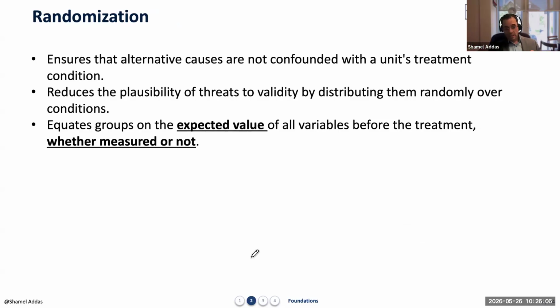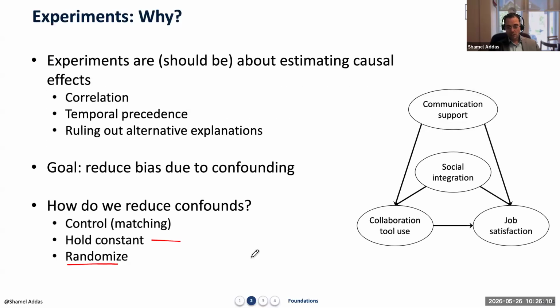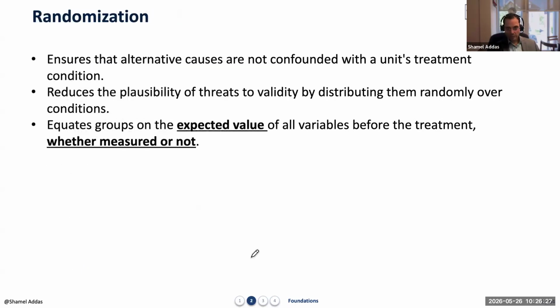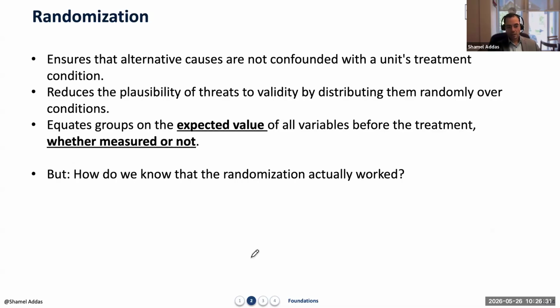Now, the most interesting thing when you look at randomization compared to the other options is that you don't have to know beforehand all the confounders, right? Because whatever the confounding might be, the chances are that it's going to be randomly distributed across the groups. So it's not going to have a big confounding effect on the outcome. So that's why random assignment is a very big thing when it comes to experiments.